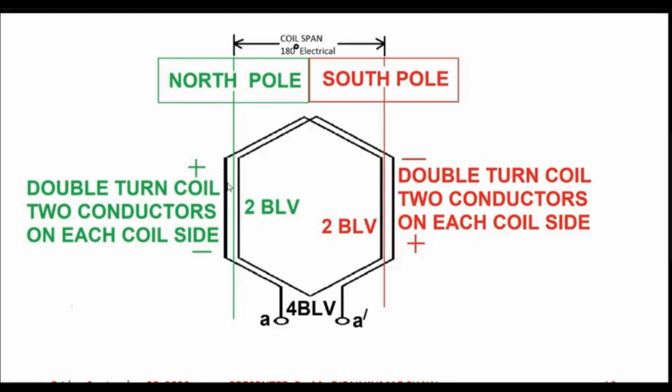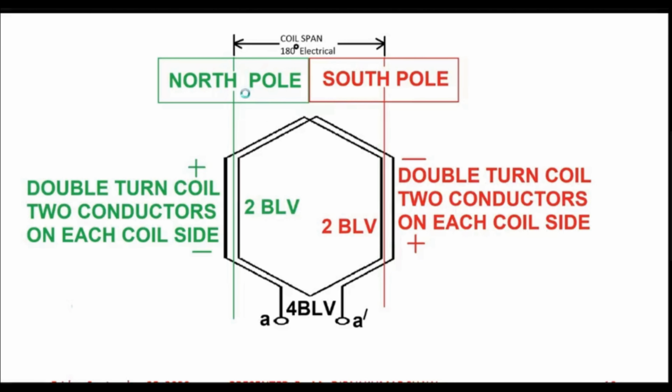If this coil side is under north pole, then the induced EMF polarity is like this. Let's say this portion is plus, this portion is minus. For south pole, the induced EMF polarity should be opposite with respect to the north pole. This is because the direction of B, that is the magnetic lines of flux, is different for north pole and south pole.